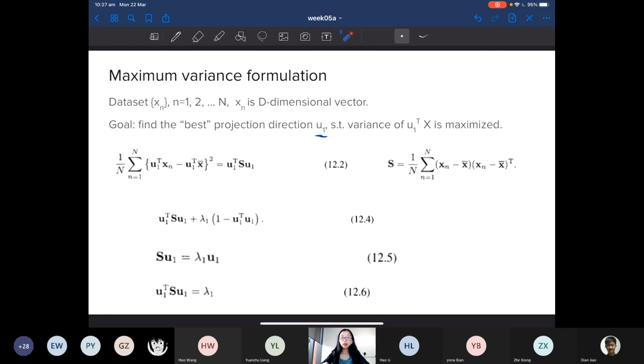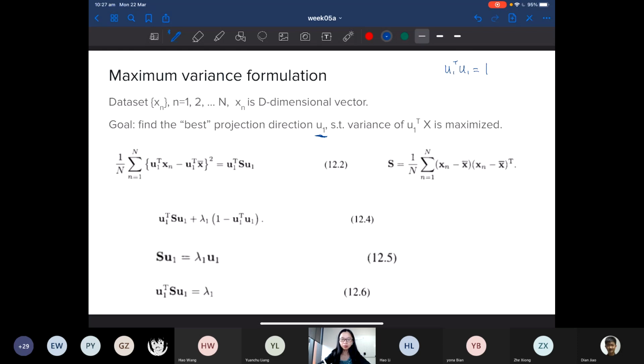So as we said, we will want to find a projection direction, where u1 is a rotation vector. As we hinted in the eigenvalue overview slide, we will want u1 transpose u1 to be 1, so u1 is unit length.